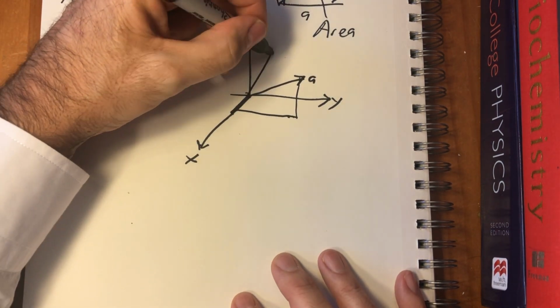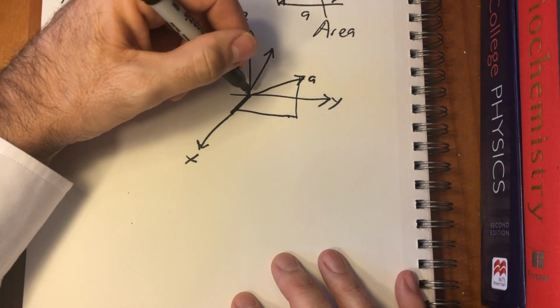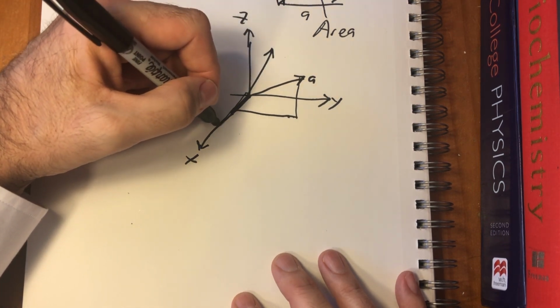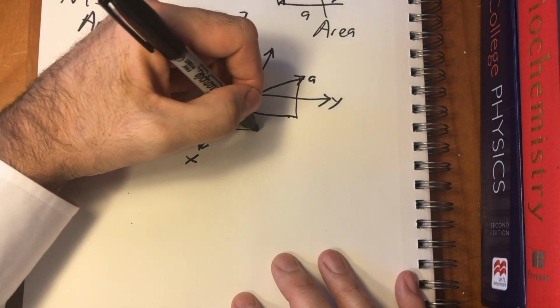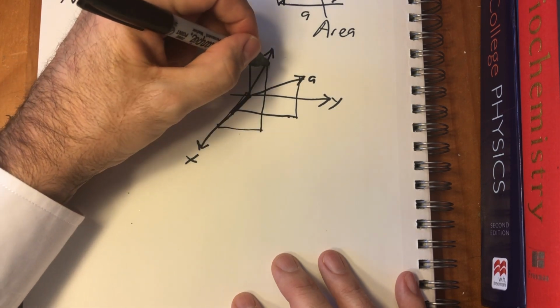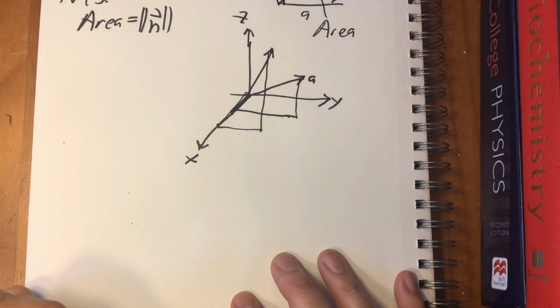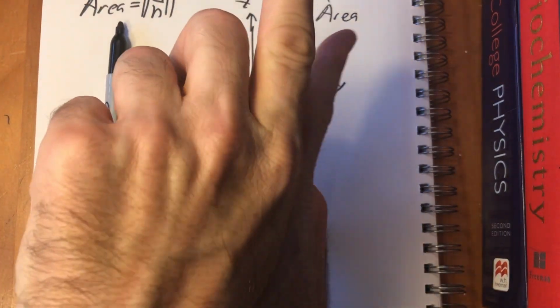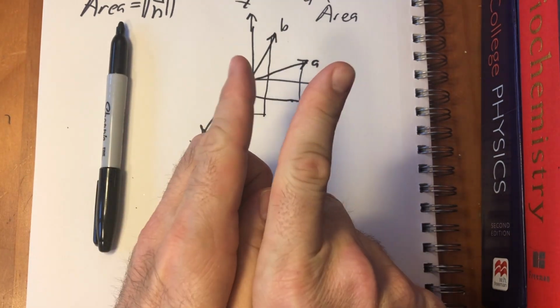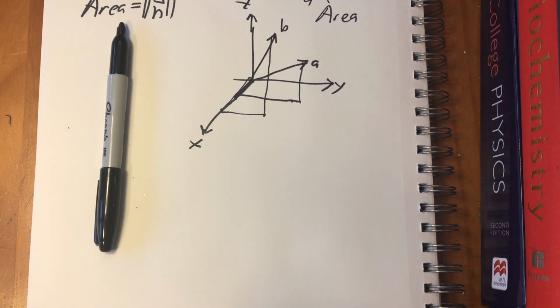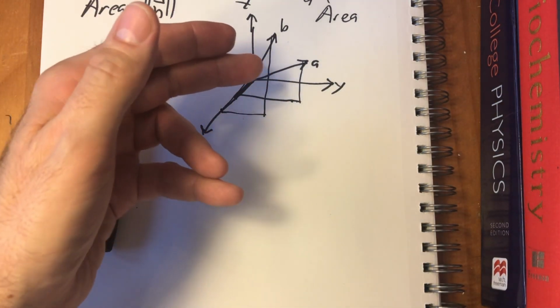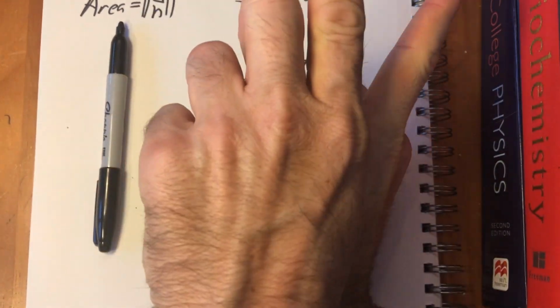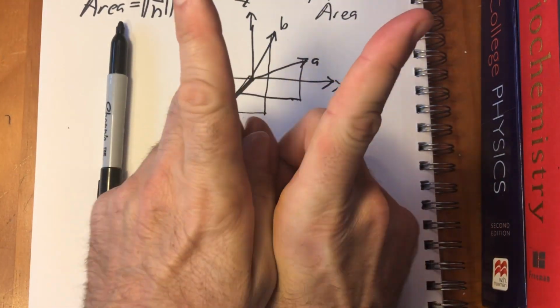And B might be up here, which goes this many down, this many over, and this many up. So we don't know how the two vectors are going to be arranged in space. They could be anywhere. And at first blush, you might think this is really hard. How do we find the area between these two vectors without knowing what the orientation is?